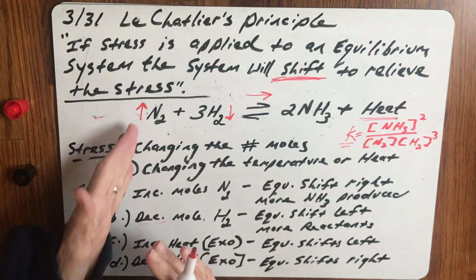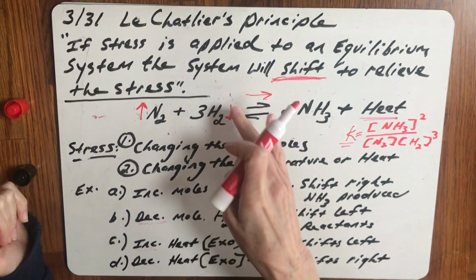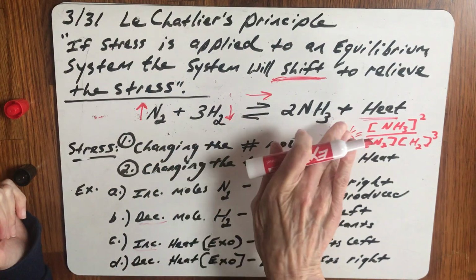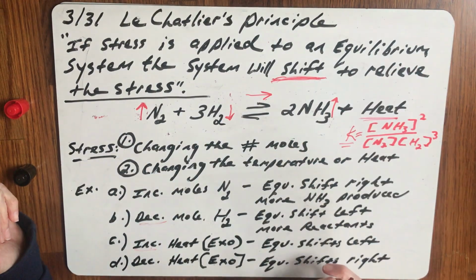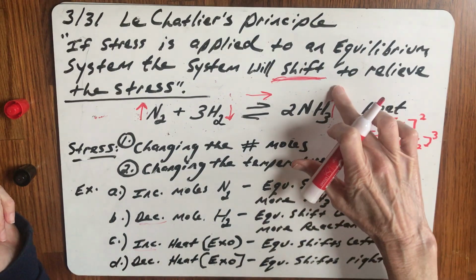So increase one reactant, the other reactant decreases, equilibrium shifts to the product side, and you end up with an increase in the number of moles of that product.